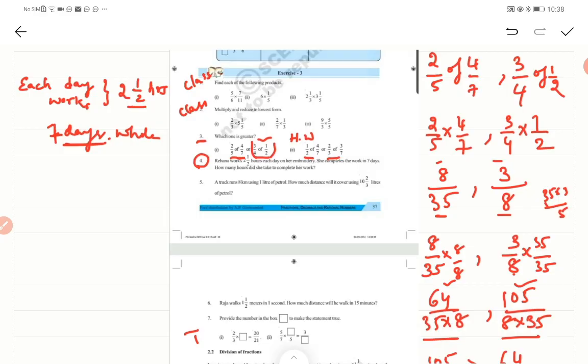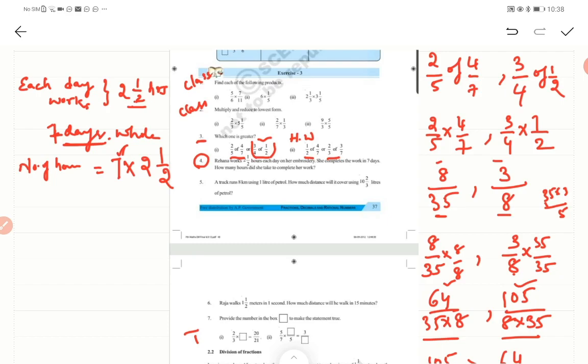So the number of hours she took to complete her work will be how much? Each day she has worked how many? 2.5 hours. So for 7 days, all 2.5 hours, so it will be 7 into 2.5.